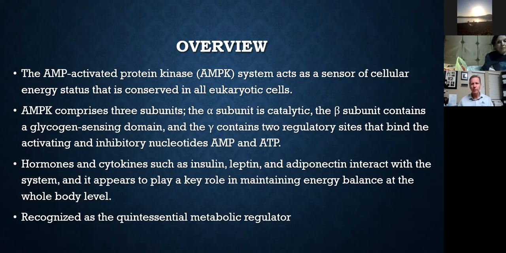You have the alpha subunit, which is catalytic, breaking things down. And you have the beta subunit, which contains a glycogen sensing domain, checking to see where the sugar level is. And then you have the gamma that contains two regulatory sites that bind the activating and inhibitory nucleotides AMP and ATP. So that's the one that kind of drives whether we're going to do more AMPK or more AMP or more ATP, depending on if we need more energy or less energy within the cell.